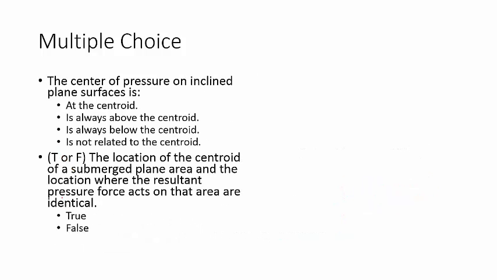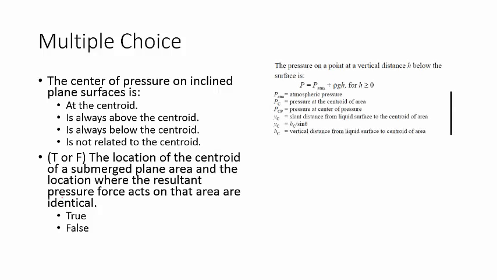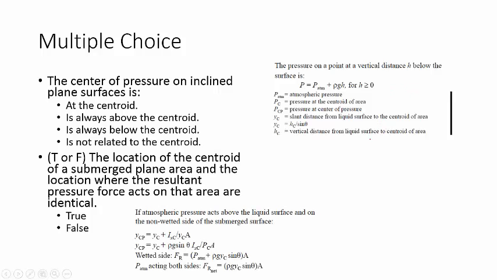The center of pressure on inclined plane surfaces is at the centroid, is always above the centroid, is always below the centroid, is not related to the centroid. So let's see. You have an inclined plate, we have the water and we have the inclined plate, and this would be the centroid.